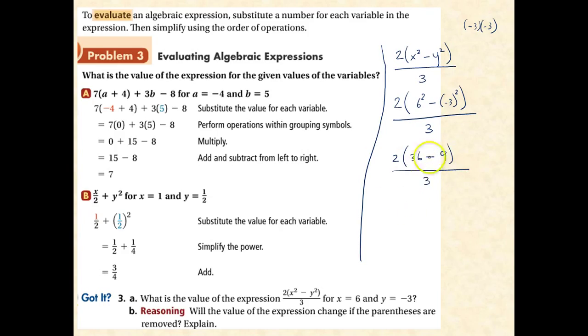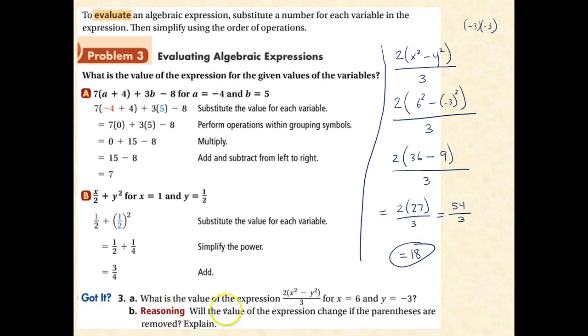Now I need to simplify inside the parentheses. 36 minus 9 is 27. Then simplify the top. 2 times 27 is 54. And then 54 divided by 3 is 18.